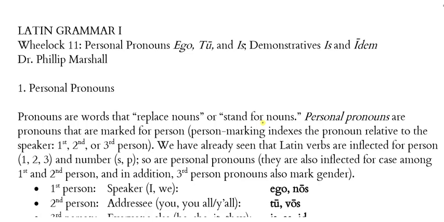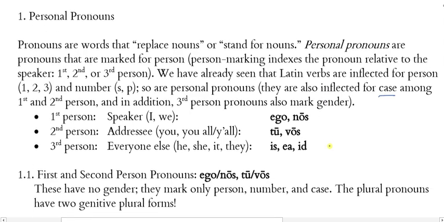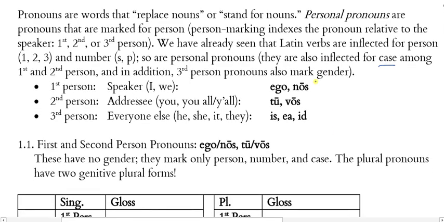Personal pronouns also inflect for case, and so we'll find in our first and second person pronouns they will have case and be singular or plural. And then third person pronouns also mark gender, even though the first and second person pronouns don't. All right, so just looking at our list here, our first person reference refers to the speaker.